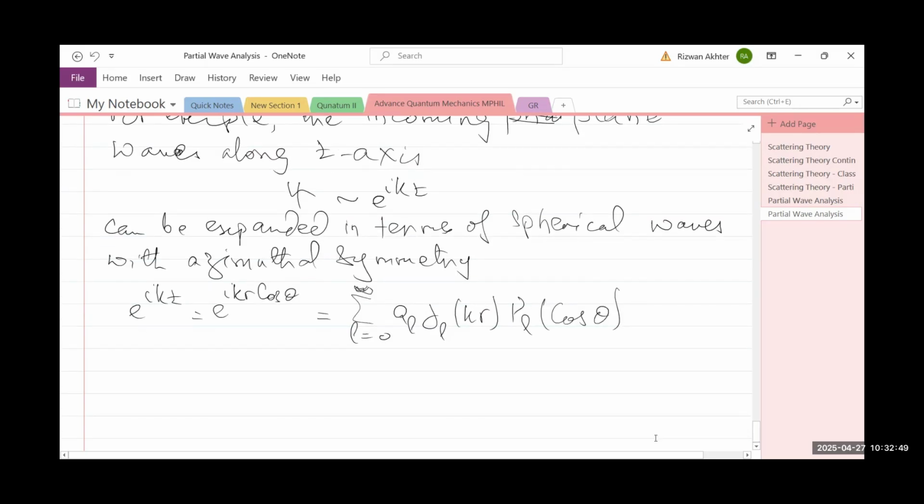So what are these factors? ये जो AL है, this A sub L is called partial wave amplitude.